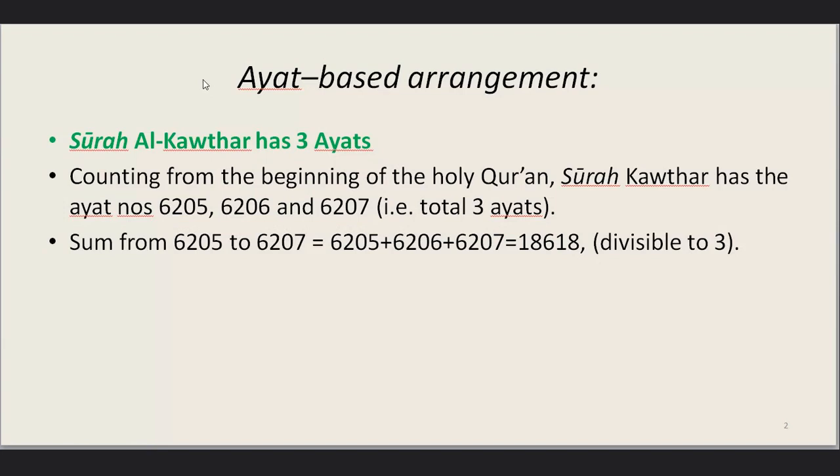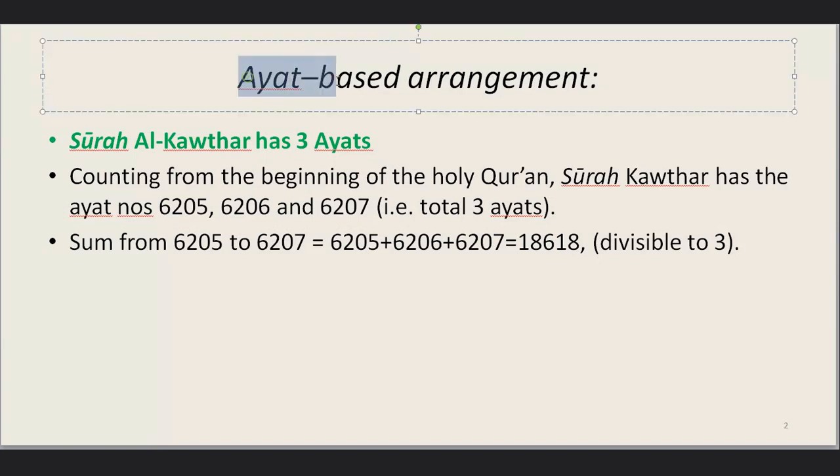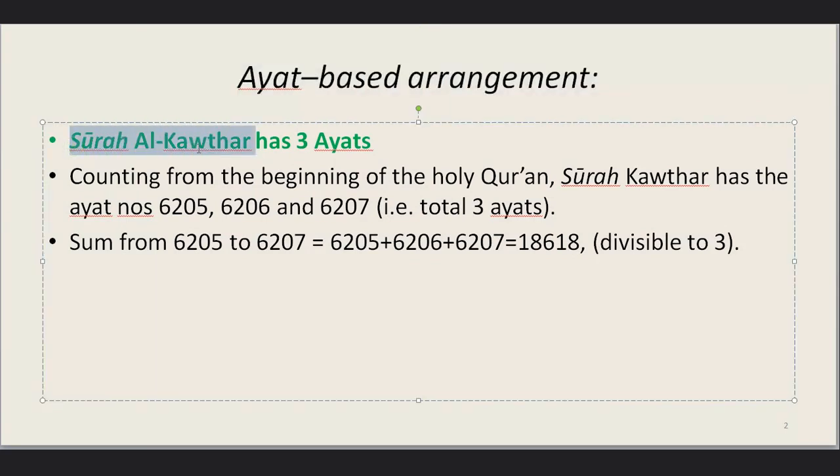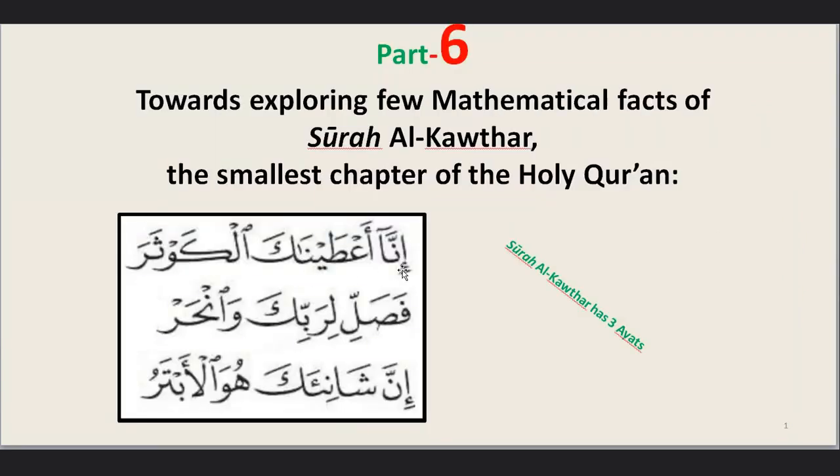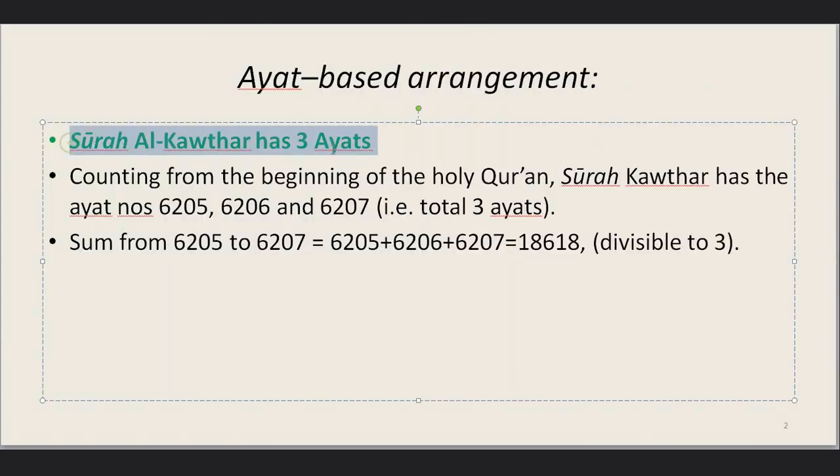This is the explanation regarding the ayat-based arrangement of Surah Al-Kawthar. We know that Surah Al-Kawthar has three ayats, as here: Inna a'atainaka al-Kawthar fasalli li rabbika wanhar inna shani'aka huwal abtar, three ayats.